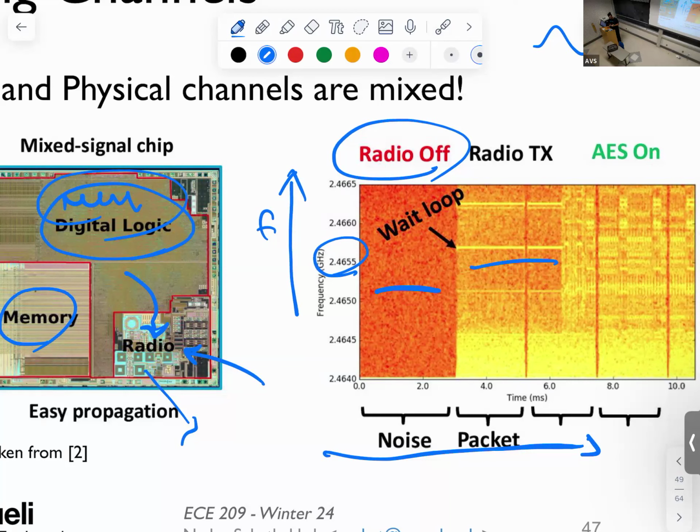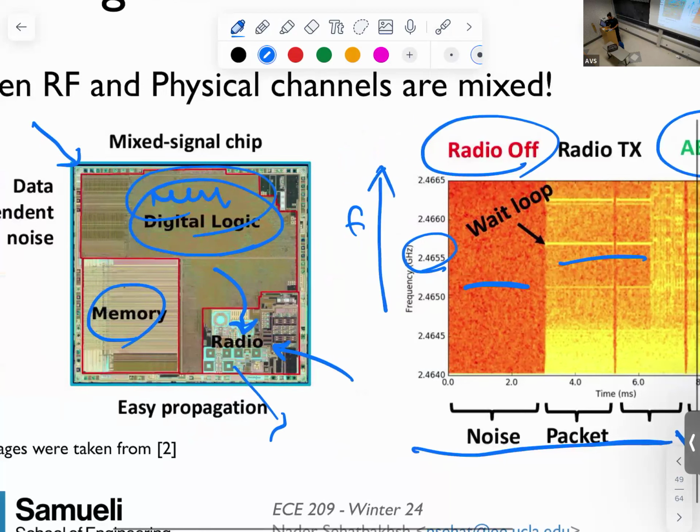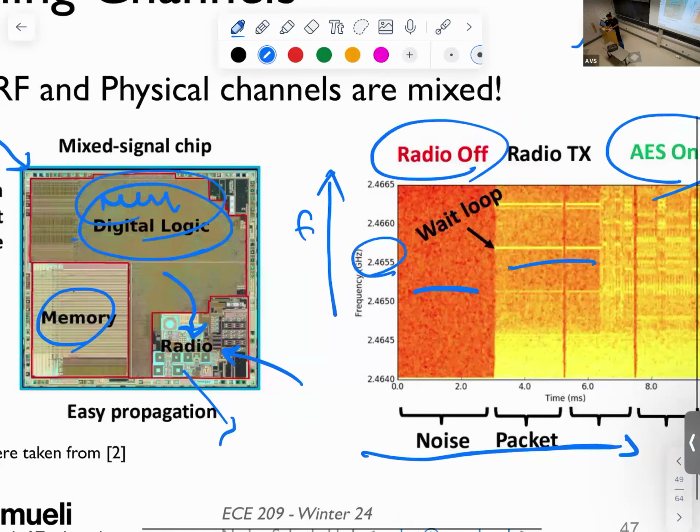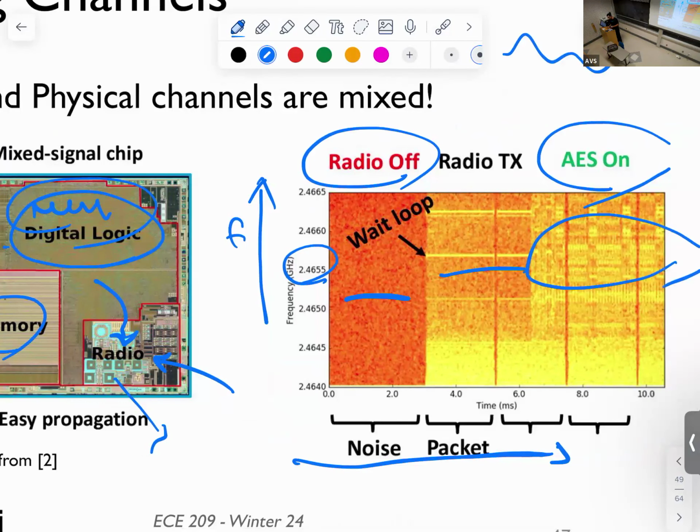But the interesting thing is, if you turn on your AES on the digital side, so if you actually start doing some computation on the digital side, you're going to see some very specific patterns in the RF signal in the frequency around 2.4 gigahertz. And this could reveal what you're actually doing here.